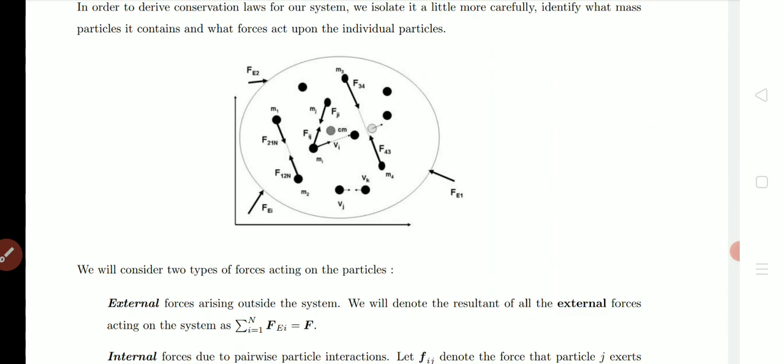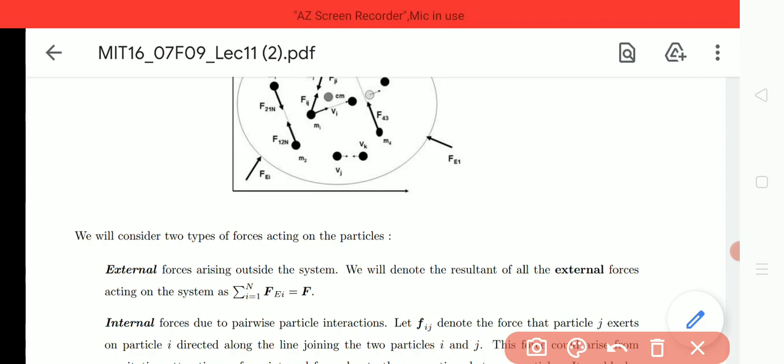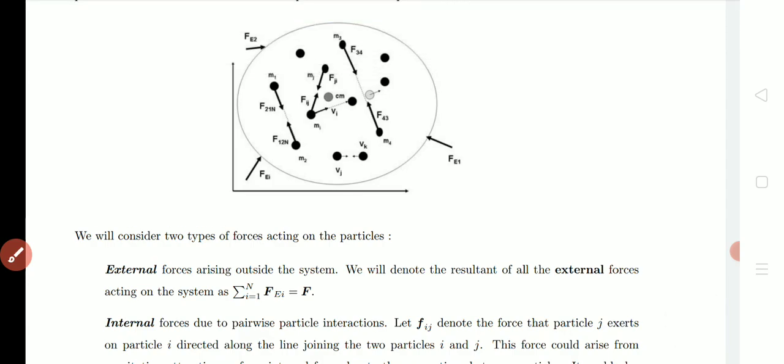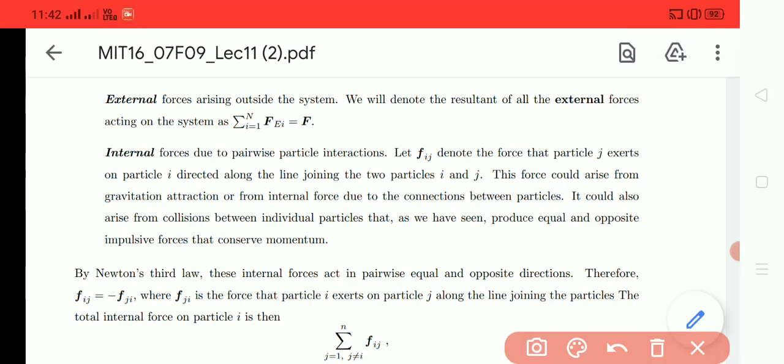First is external and second is internal force. External forces arise outside the system. We will denote the resultant of all the external forces acting on the system as summation i equals 1 to n of Fei is equal to F.